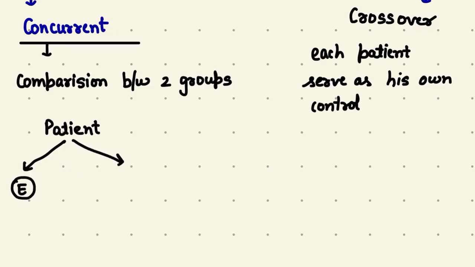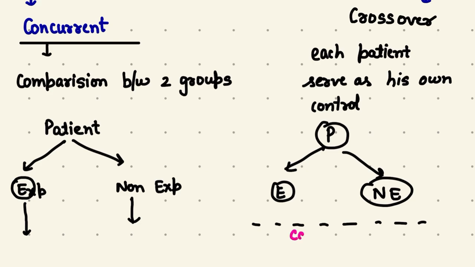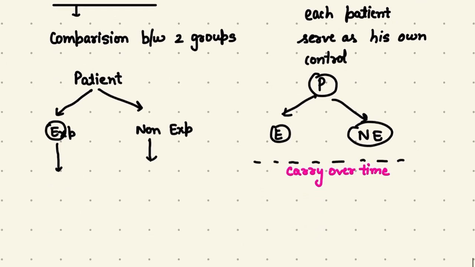One is experimental and the other is non-experimental. In crossover, the patients are randomized into experimental and non-experimental groups, and then there is a carryover time where no group takes any treatment, and then there is crossover in which the previous experimental group becomes non-experimental and the non-experimental group becomes experimental.